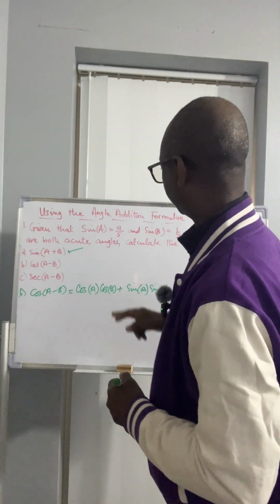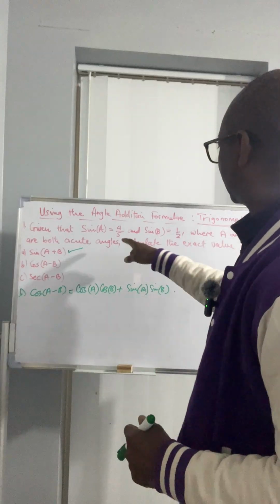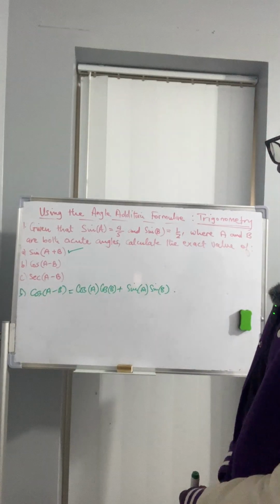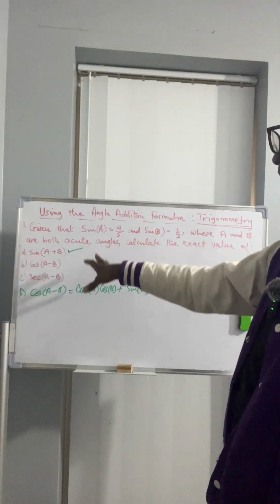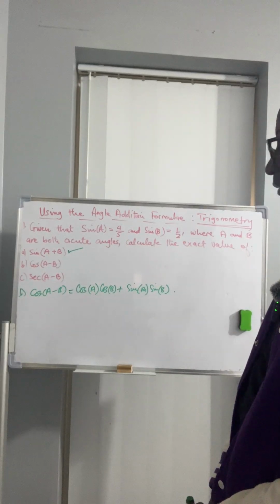In our problem here, we are given sine A and sine B, but we are not given the cosine of A and B. We need to find them.